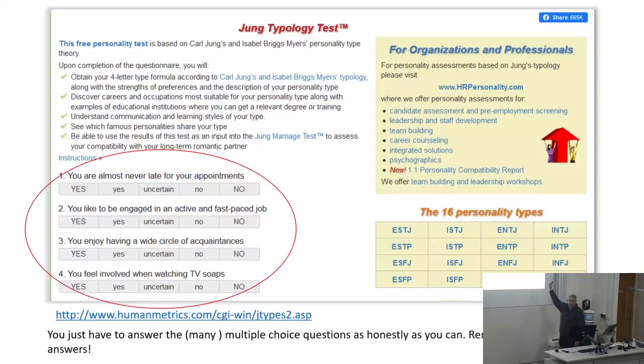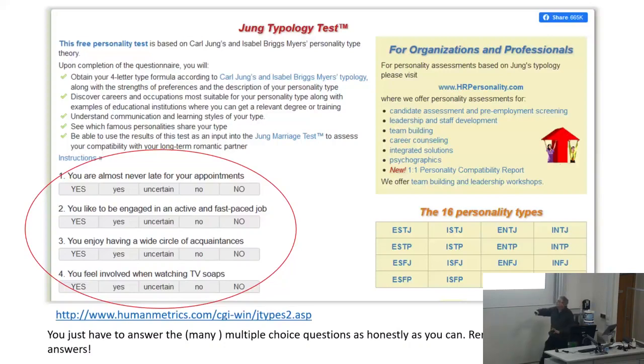Leadership and staff development. We've done them here at the university, different ones, not Briggs-Myers, for looking at teamwork within academics, which is an oxymoron. Team building, which is sort of what we did in the GDP, hopefully. Career counselling. I have no idea what psychographics are, but you can do that as well if you want.